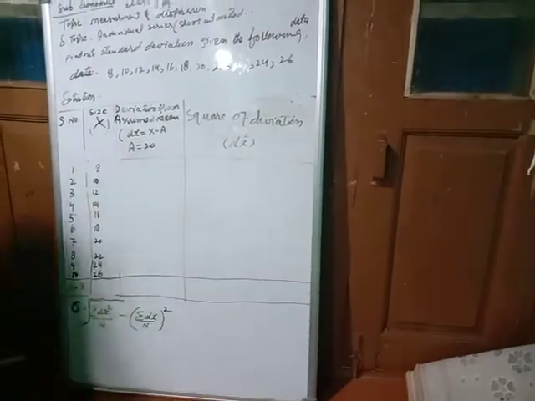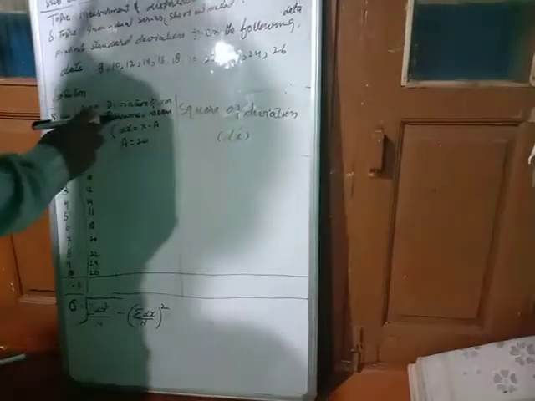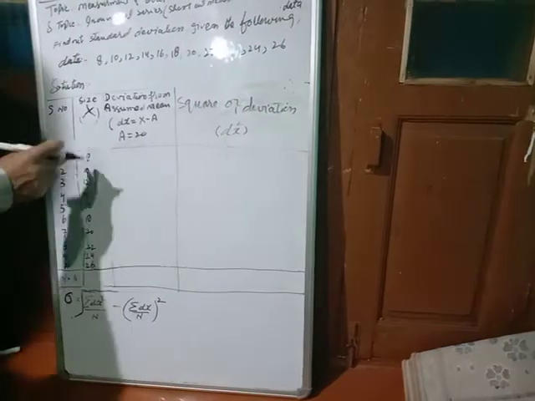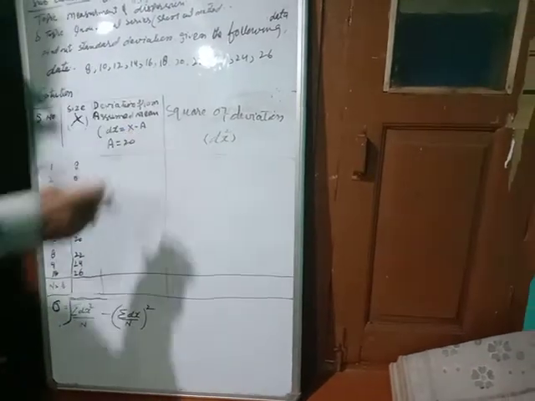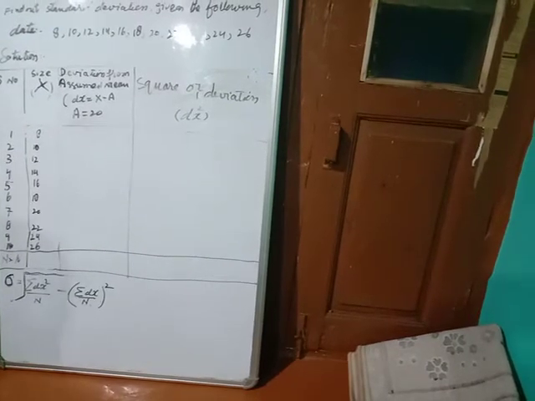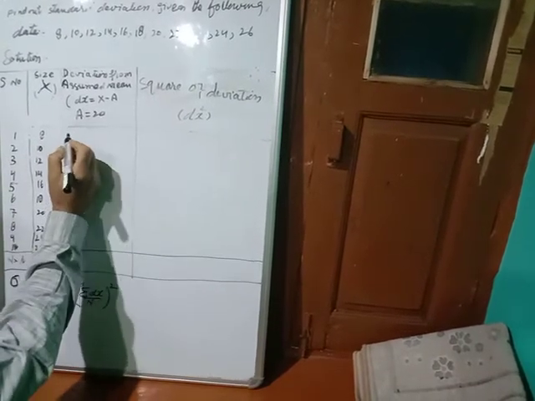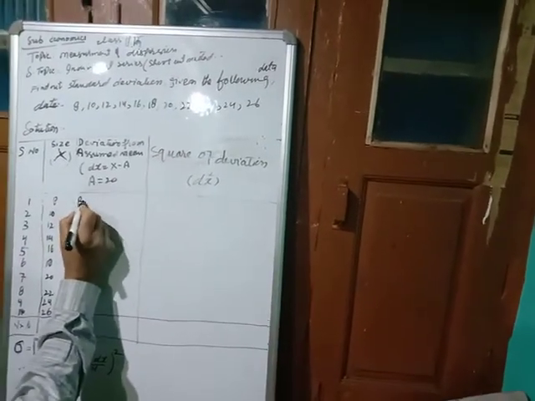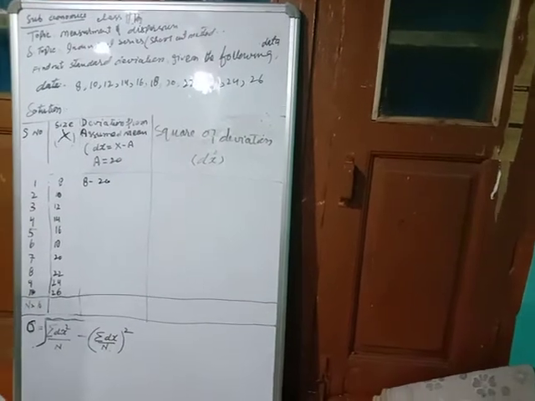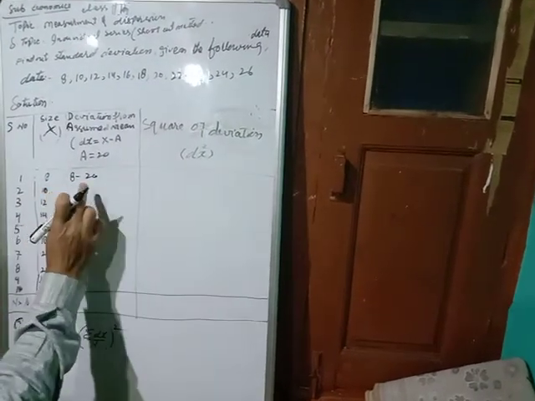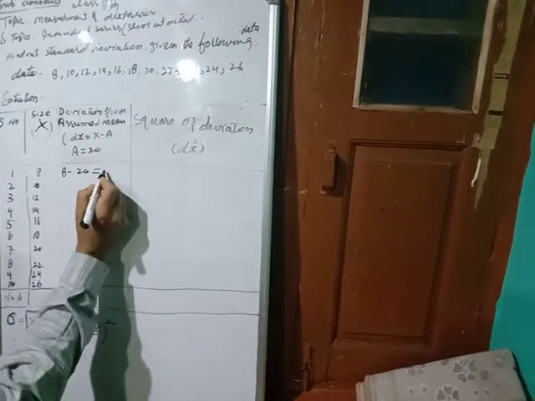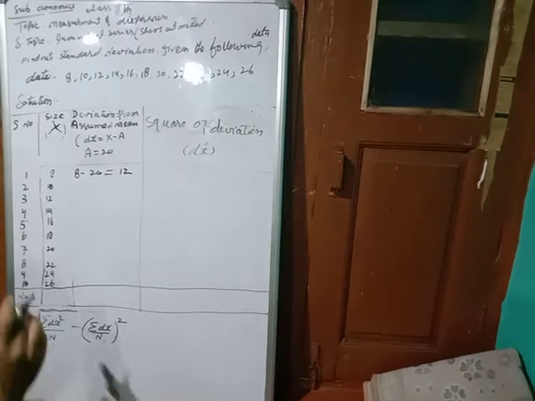Now we will solve dx, deviation from assumed mean, x minus a. X is given, and the assumed mean is 20. We will make subtraction. X is 8, a is 20, so 8 minus 20 is equal to minus 12.